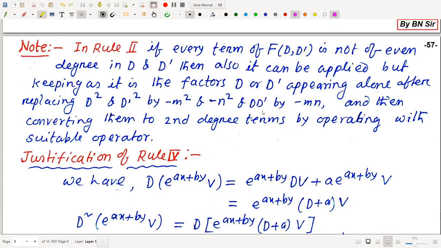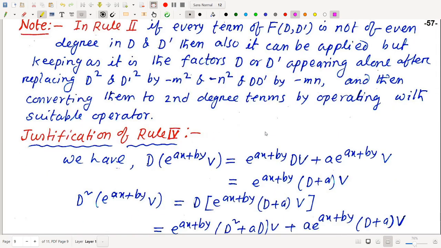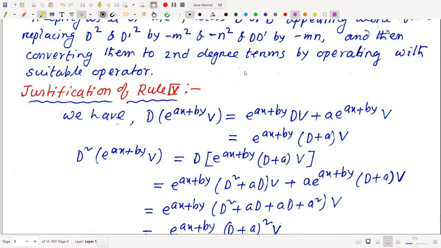It may be DD dash whole thing cube also, so similarly we shall replace, and then convert them to second degree terms by operating with a suitable operator, meaning D will remain or D dash will remain, or D and D dash separately will remain, but operating with some suitable operator, we shall convert them to the denominator of the right side while finding PI to second degree terms, and then we shall replace D square by minus m square, and some D or D dash will be in the numerator, and then we shall differentiate, we shall get the answer. In the example it will be explained in the next class.